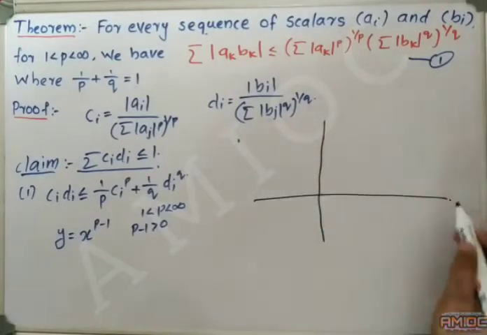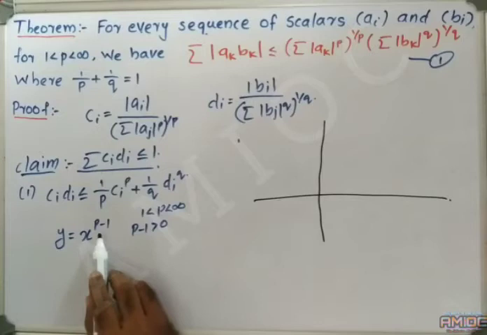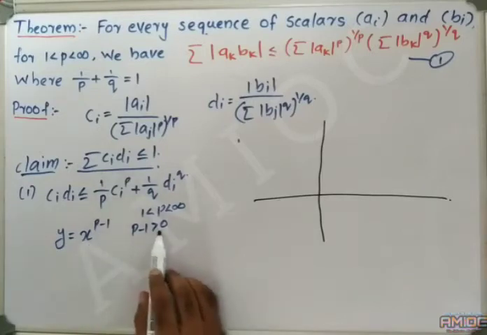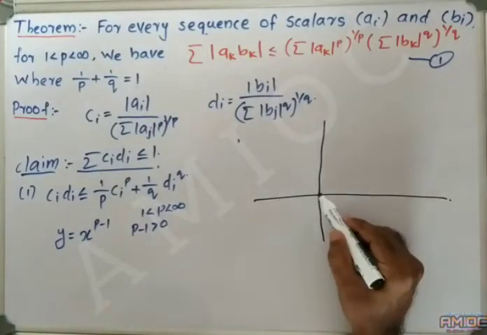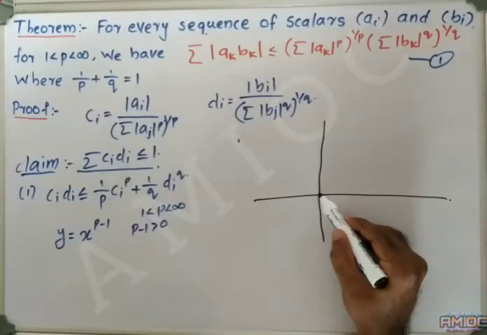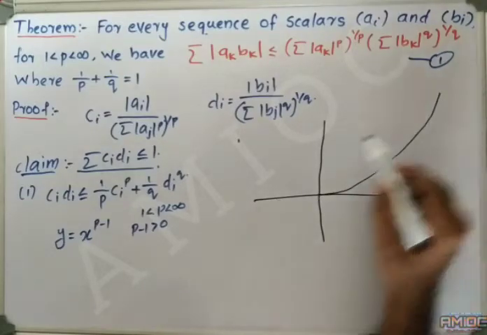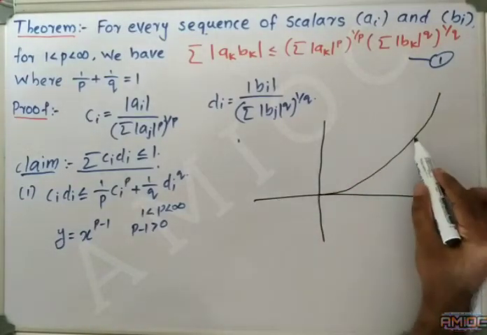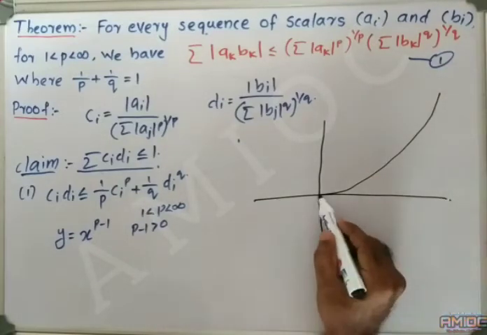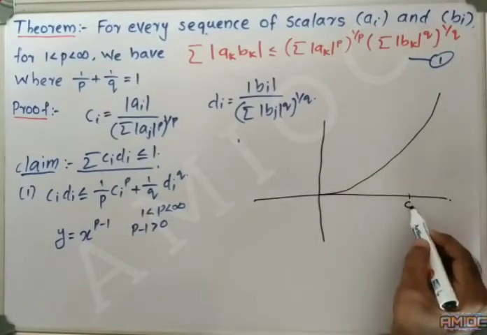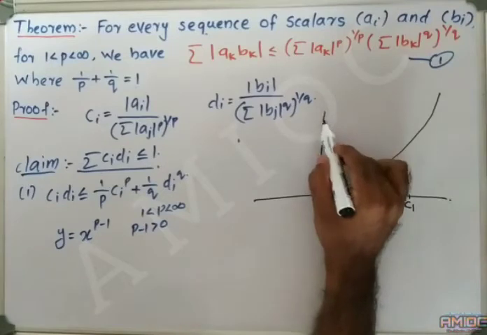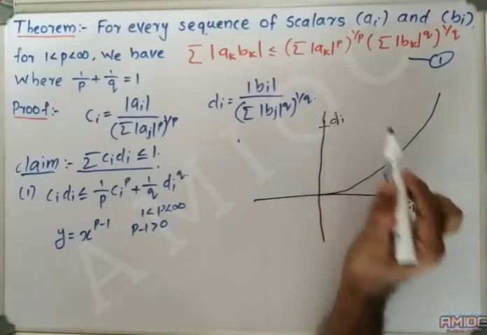The graph of this function will be like this, and let this value be c_i and this value be d_i.